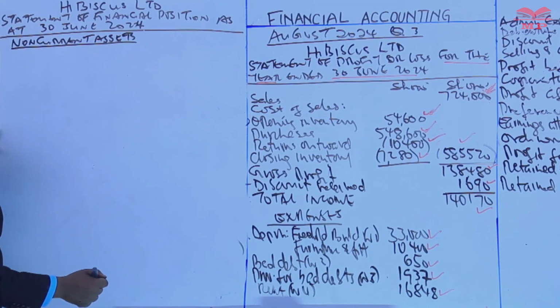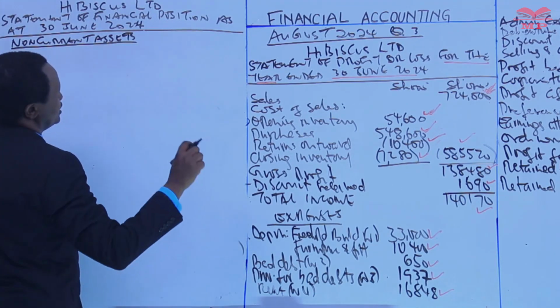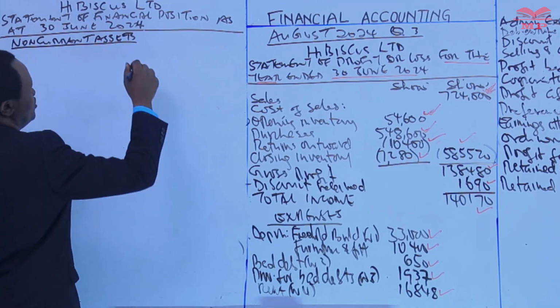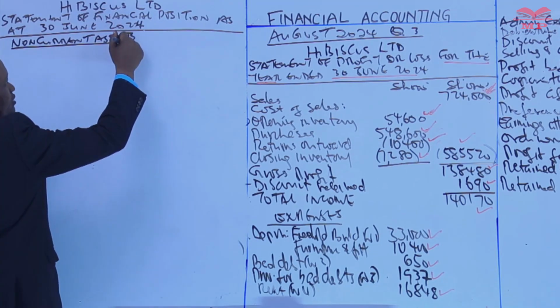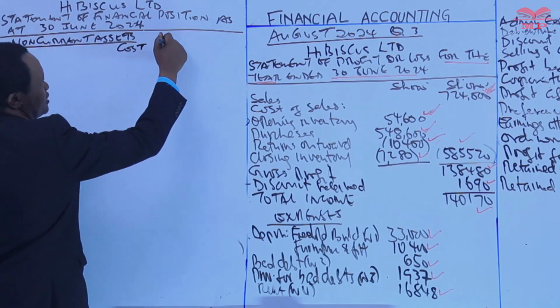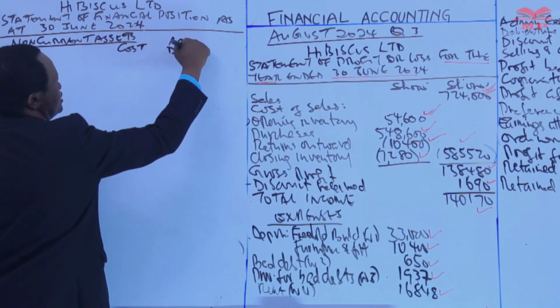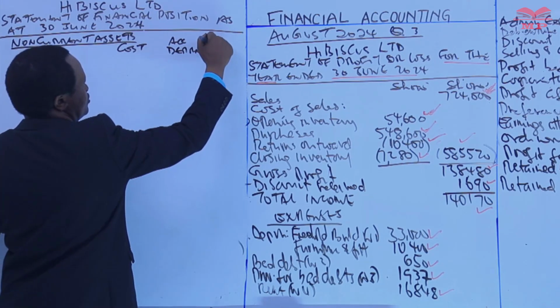For long-term assets, we have to prepare the section using 3 columns. One, we show the cost of the asset, the accumulated depreciation of the asset, and the net book value.